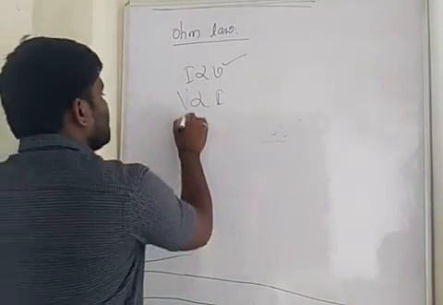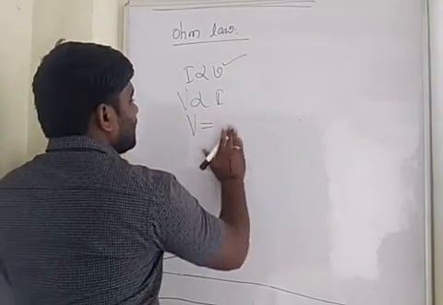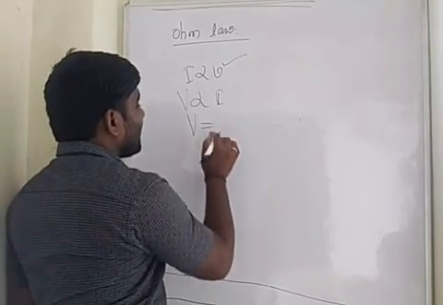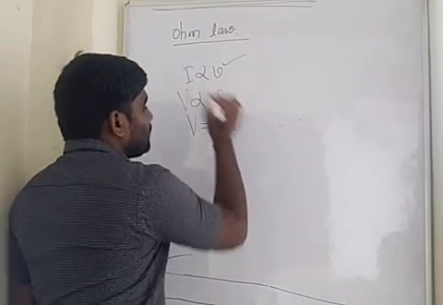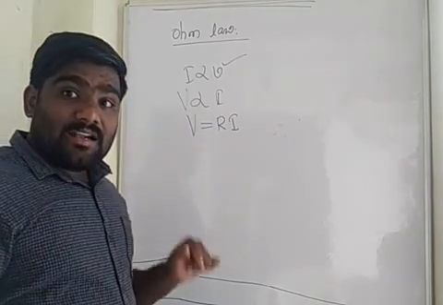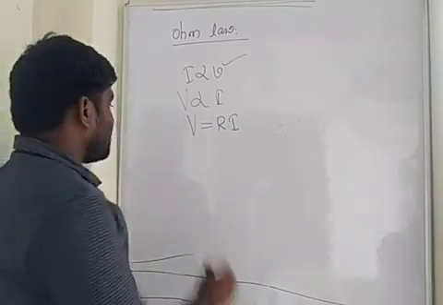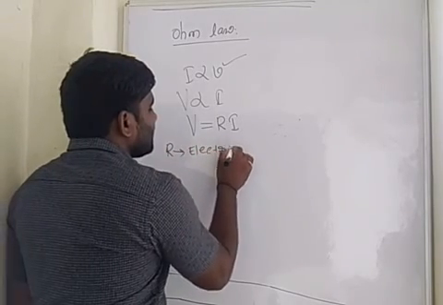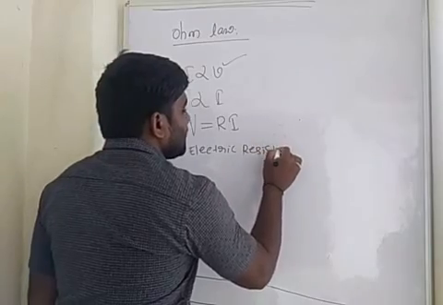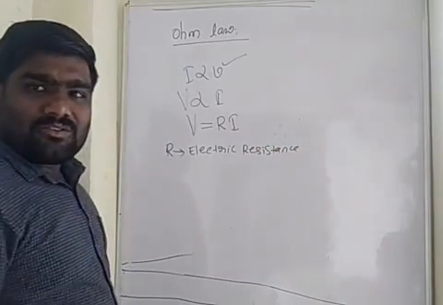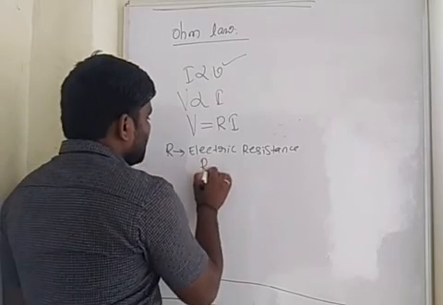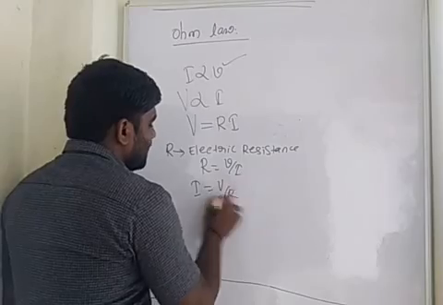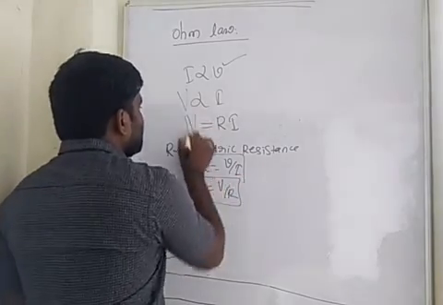Then this V is equal to, just remove the proportionality constant, I am introducing one more factor, that is R into I, where R is called electric resistance. So R is equal to V by I and I is equal to V by R. So these are the important formulas.